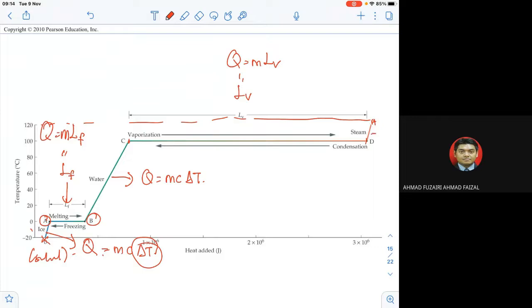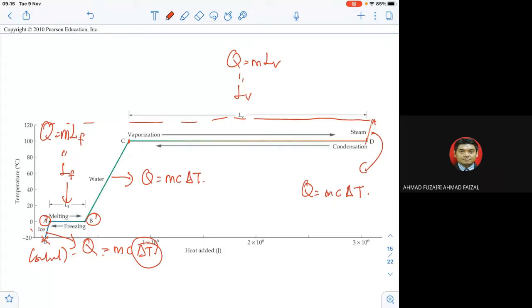That means you need to add another Q over here, Q equals MC delta T, because there is a change from 100 to 120 degrees.